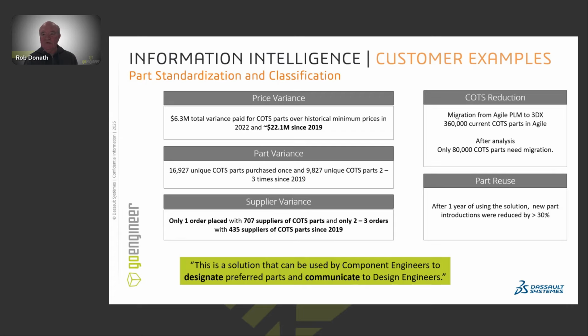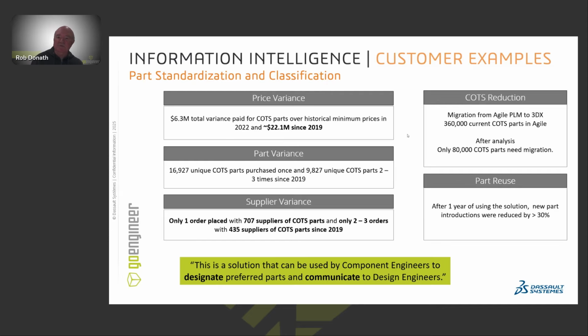In their case, they were migrating from Agile PLM to the 3D Experience platform on premise. We did the analysis using the tool set on about 360,000 common off-the-shelf parts they had in their Agile system. After this analysis, they said: we haven't placed an order for this part since 2019 or 2022, we haven't seen it in use in any engineering documents, and we've got 16 of the exact same part with different part numbers.